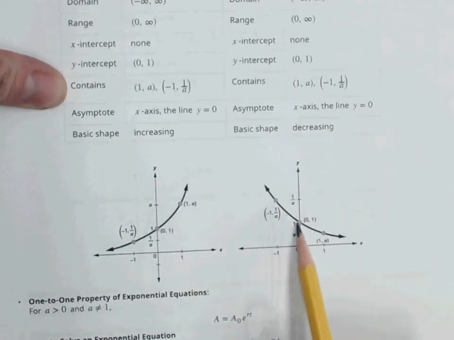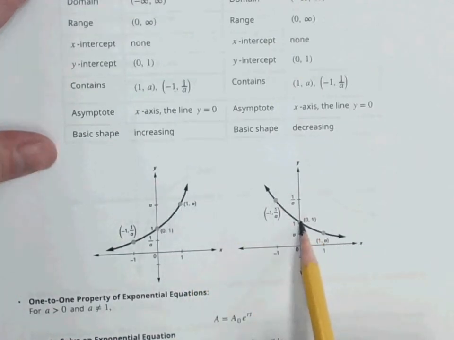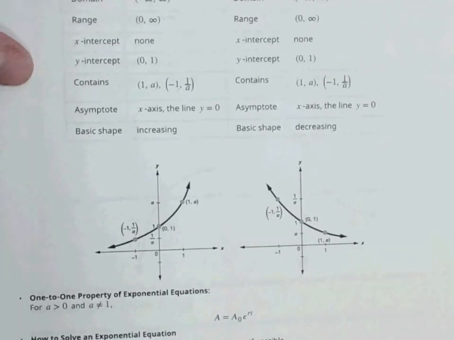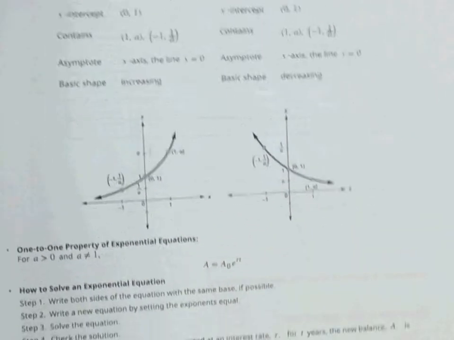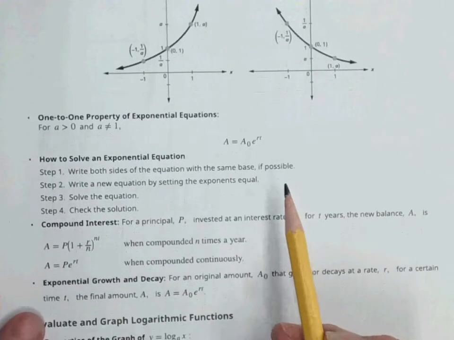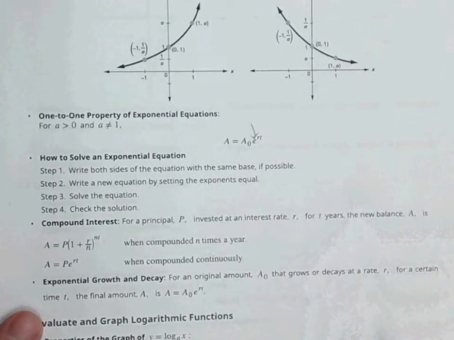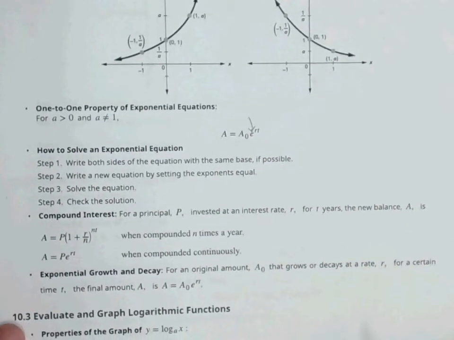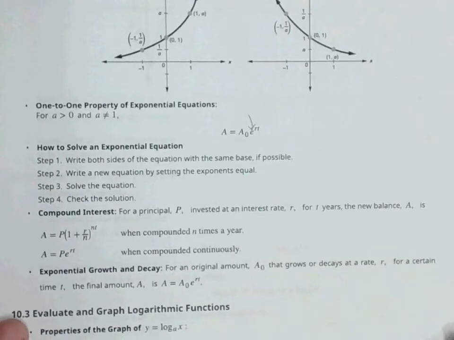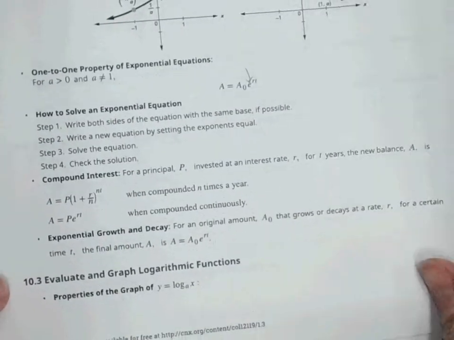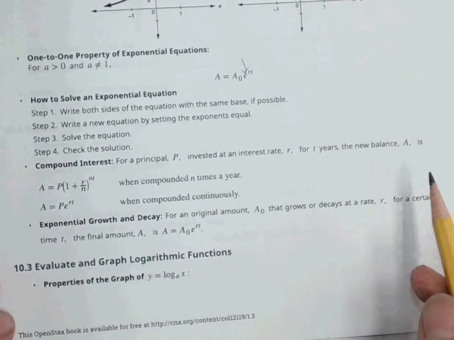If it's less than 1, so let's say that my multiplier is 1/2, then it's going to be decreasing as it goes on. We looked at all of those. We also looked at, this is where e showed up the first time, that natural number. All that it is, is just a base. Treat it like another base. Everything works the same way.